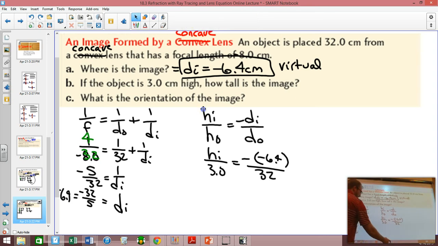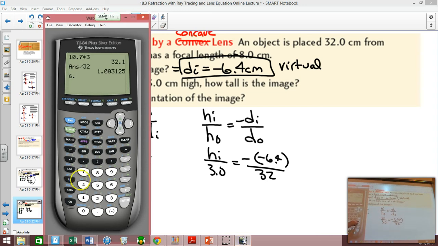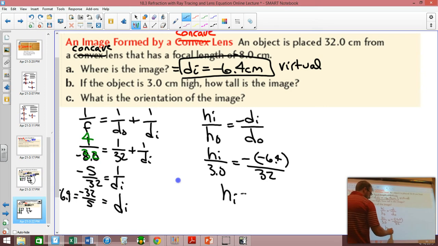So pull out the calculator for this one. Cross multiply: 6.4 times 3 divided by 32 gives 0.6. So the height of my image is 0.6 centimeters.